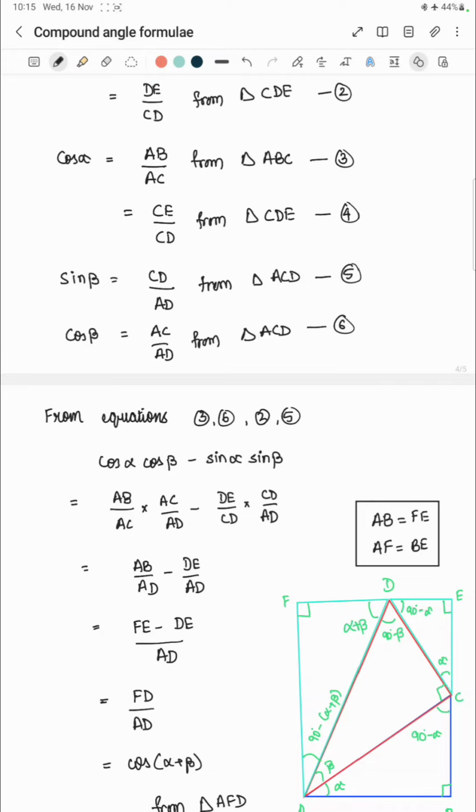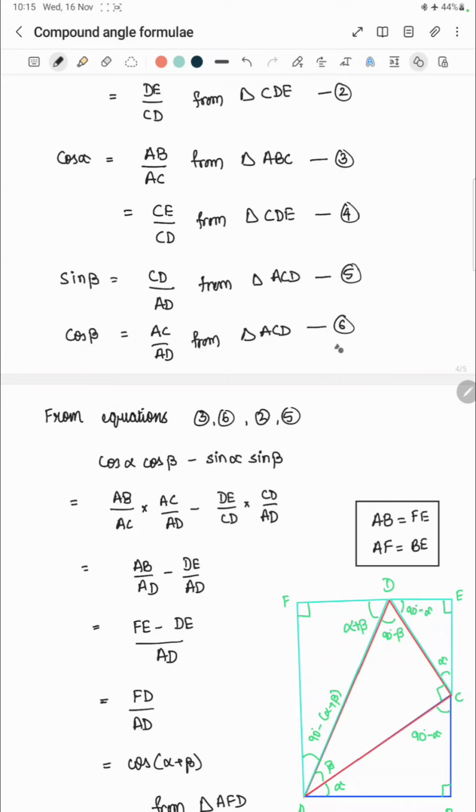Okay. Now again in the exams, whatever the question they are going to ask, like cos of alpha plus beta should be equal to cos alpha cos beta minus sin alpha sin beta, all we need to do is prove. So we have our LHS, cos alpha cos beta minus sin alpha sin beta. Now from equation number 3, AB by AC.